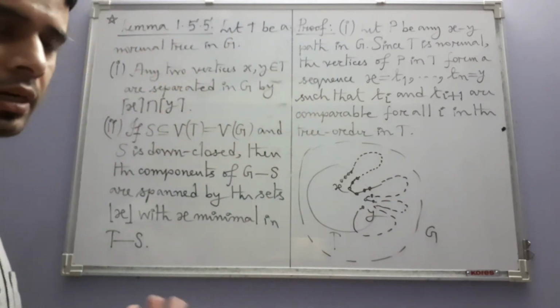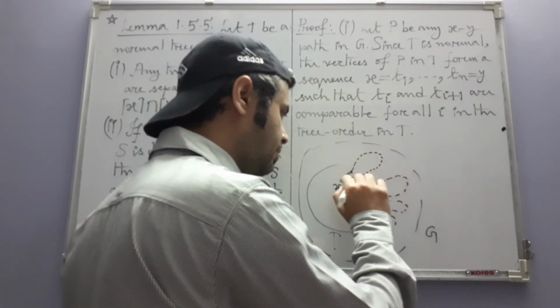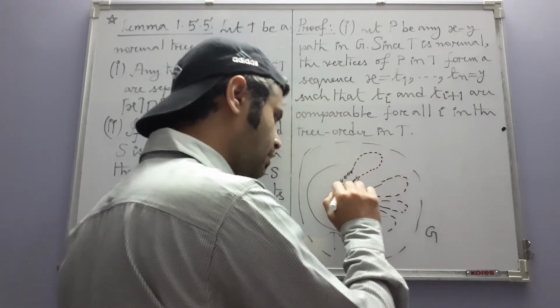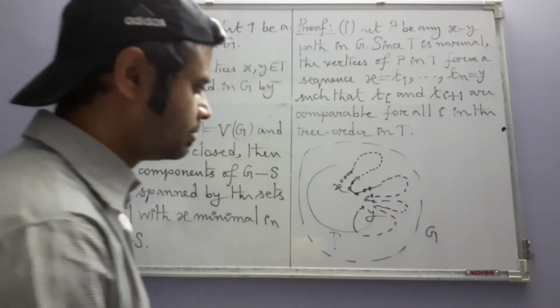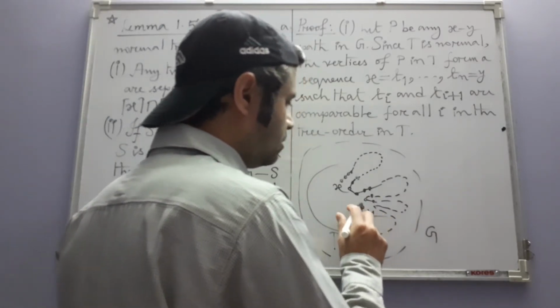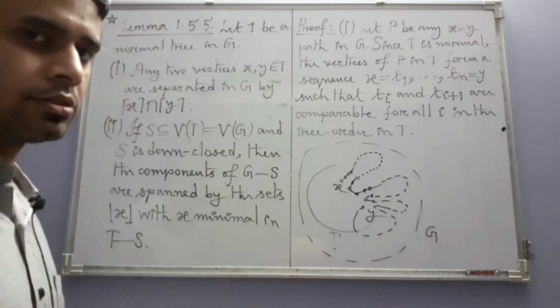You can understand the situation. Here it has left T, and then at this vertex it has again come back to T, and it continues several times, possibly like this. Or it in fact may turn out to be itself a T path also. That can also happen.